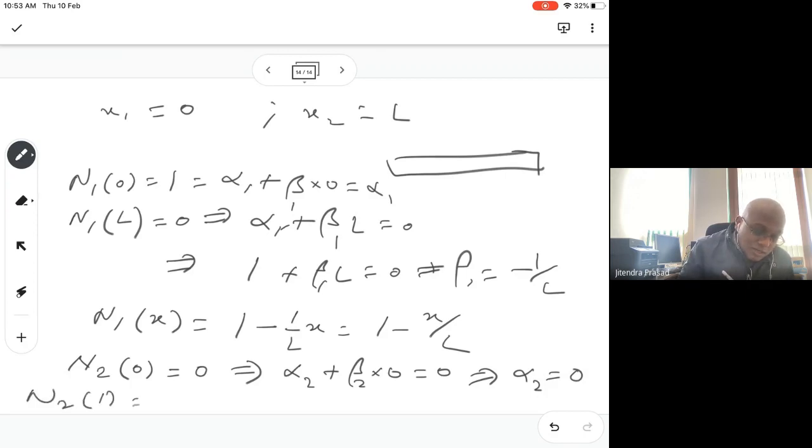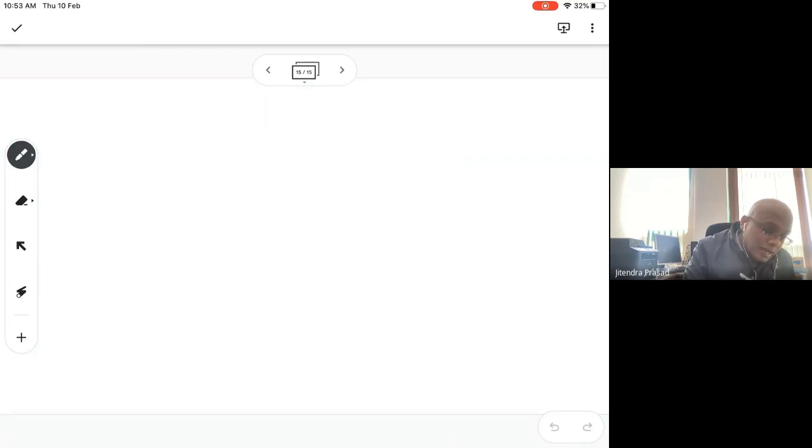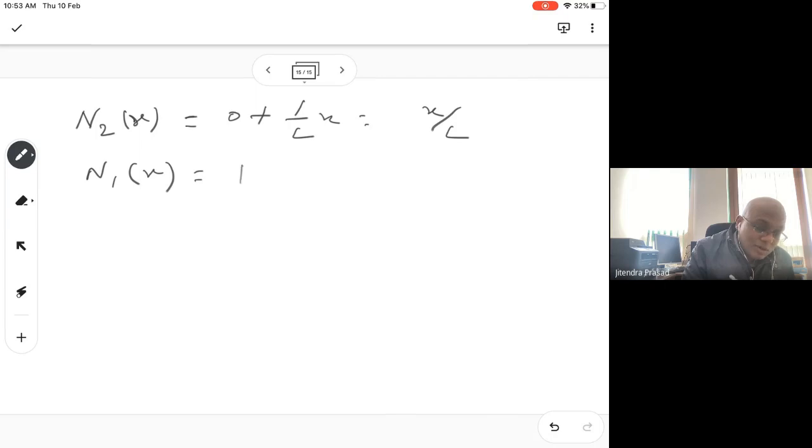N2 at L equal to 1: alpha 2 plus beta 2 times L is equal to 1. That makes beta 2 equal to 1 over L, and hence N2x is equal to alpha 2, which is 0, plus beta 2, which is 1 over L, times x. That makes x over L. So we get N1x equal to 1 minus x over L, and N2x equal to x over L.